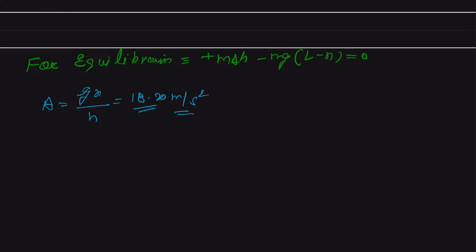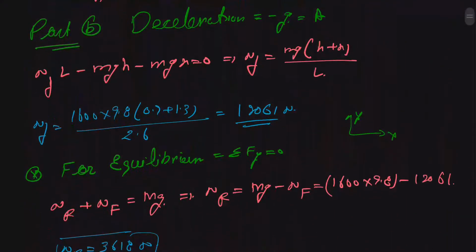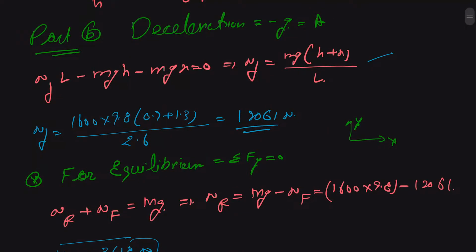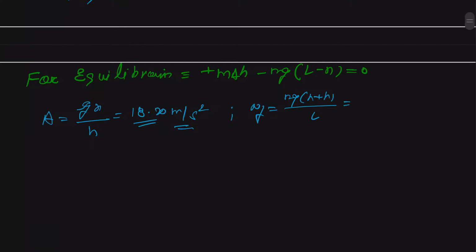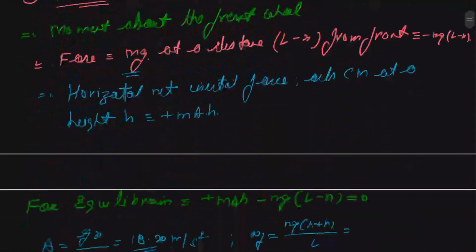And for the normal, you can say the concept will be entirely the same. We can write that our front normal will be equal to mg times (h plus x) upon L. I think that was, yeah, so it was mg(h plus x), and obviously the answer will be coming as 12061.